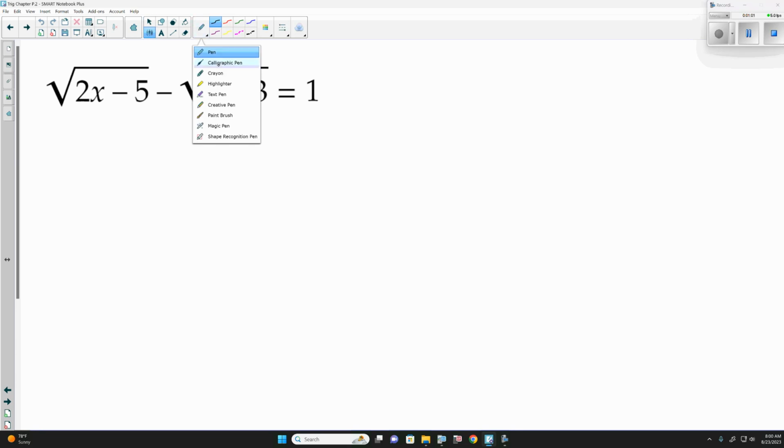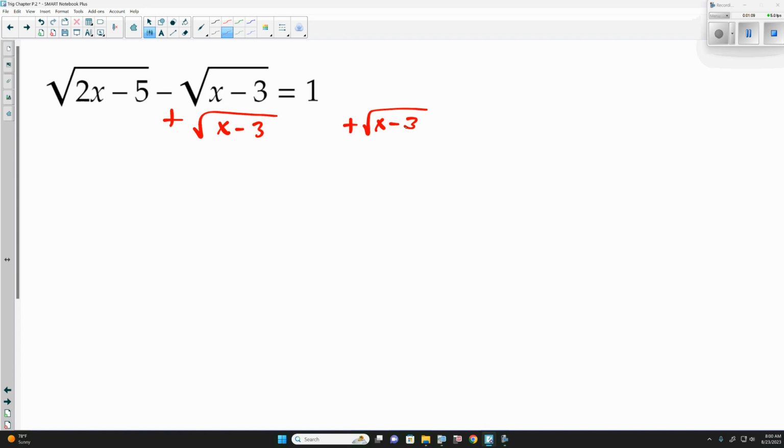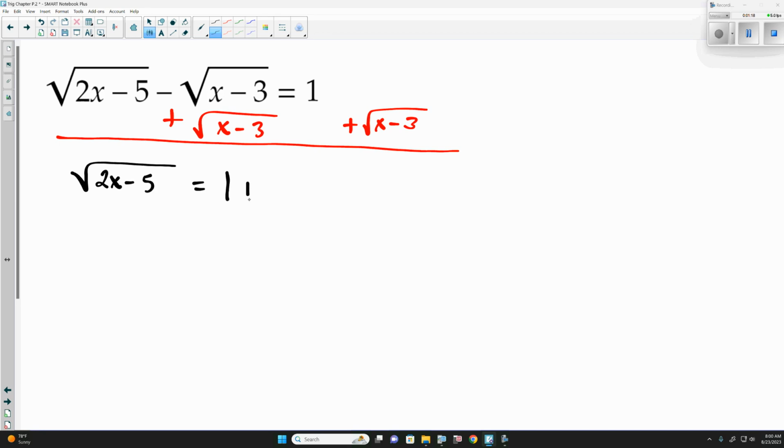So what I would do is add square root of x minus 3 to both sides, so that on one side, we're left with just the square root of 2x minus 5 is equal to 1 plus the square root of x minus 3.